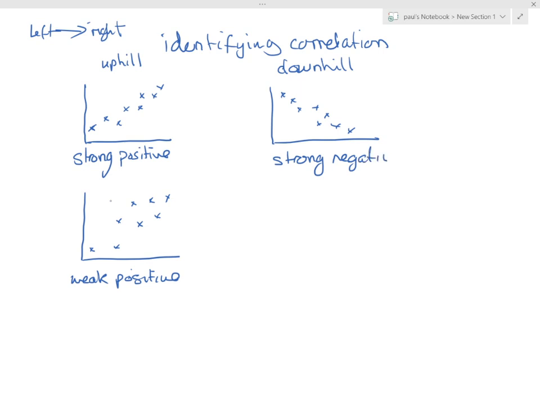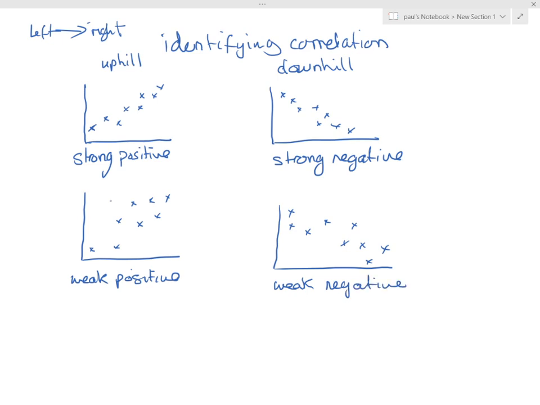Now the reasons why these are positive and negative, you might have come across in another lesson already, is when we're calculating gradients of lines. If it goes uphill, it's a positive gradient. If it goes downhill, it's a negative gradient. So this is more or less the same. This one is going downhill, but they're a bit far apart, so this is going to be a weak negative.